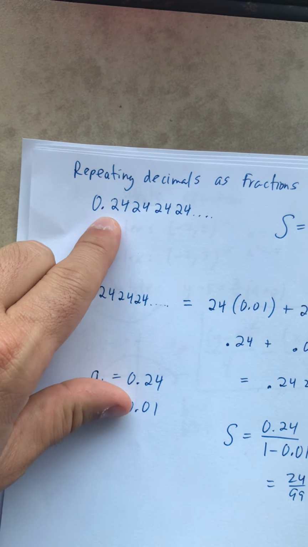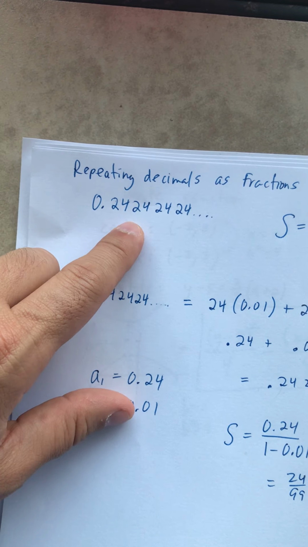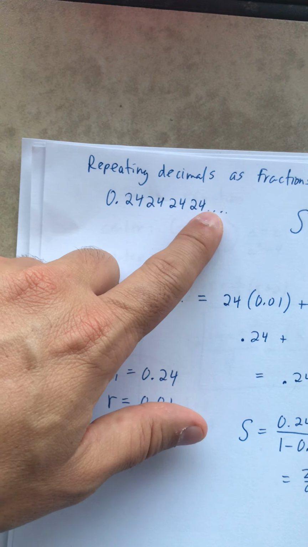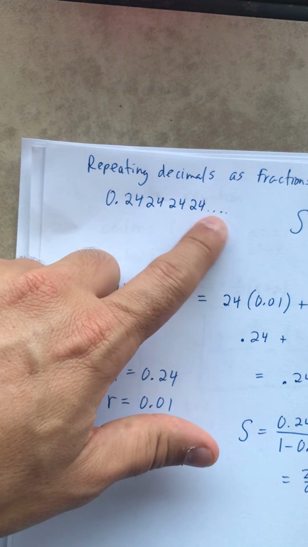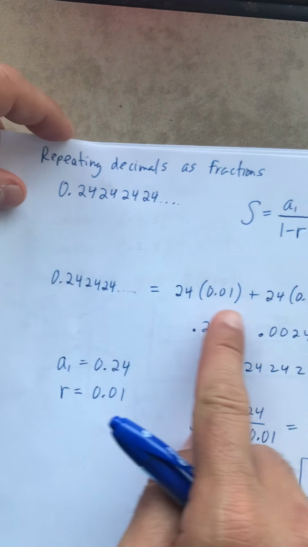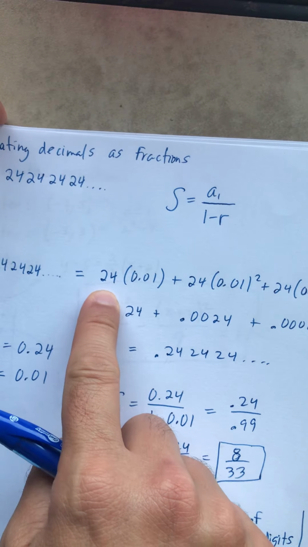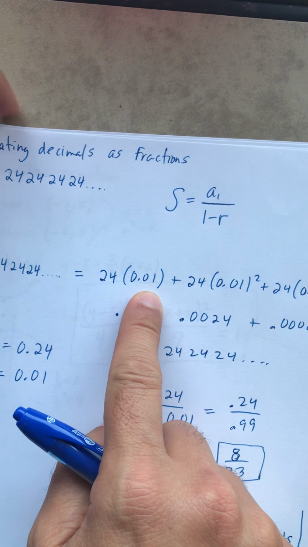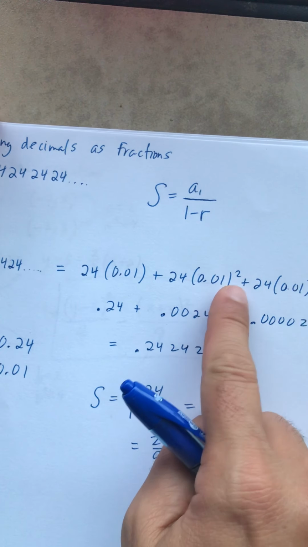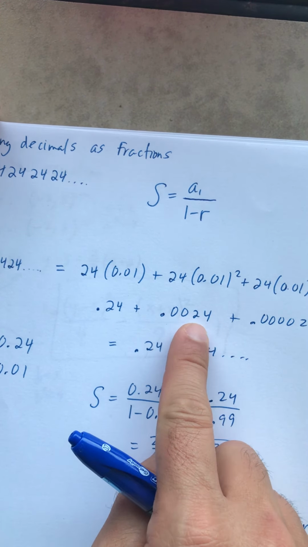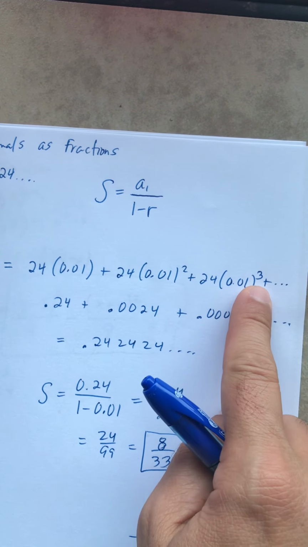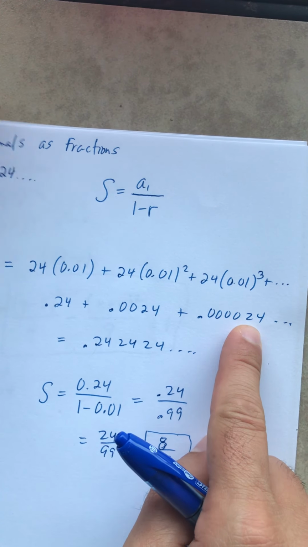Let's take, for example, this repeating decimal, 0.24242424... This is an infinite geometric series because it goes on forever. I can actually write this number in this form. It's 24 times 0.01, which is 0.24, plus 24 times 0.01 to the second power, which is 0.0024, plus 24 times 0.01 to the third power, which is 0.000024.